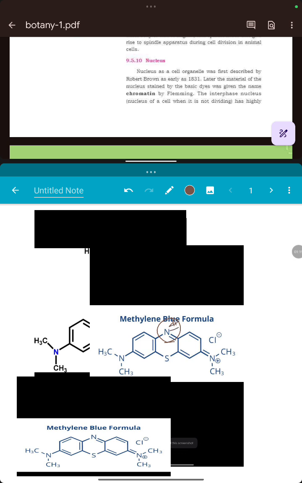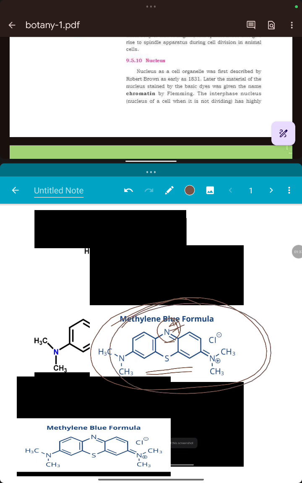So when the dye was applied to the nucleus, this dye will look like this, and it has nitrogen as a charged particle. This is the dye. Okay, it will be blue in color originally.